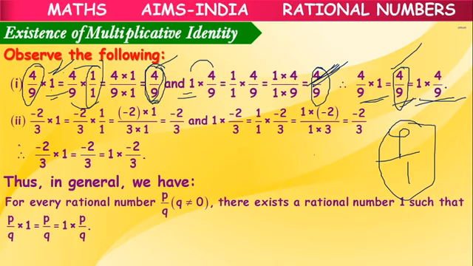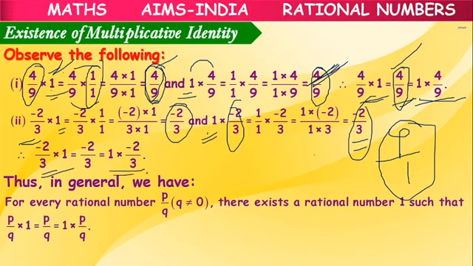Or with -2/3, if you multiply 1, the result is -2/3. Or if 1 is multiplied with -2/3, the result is -2/3. Both result in -2/3.